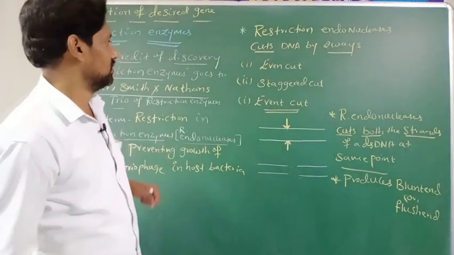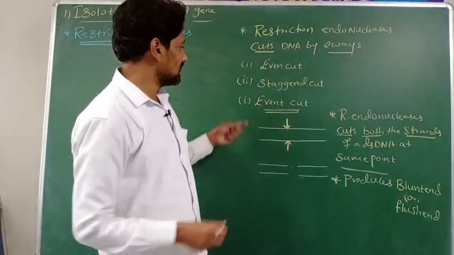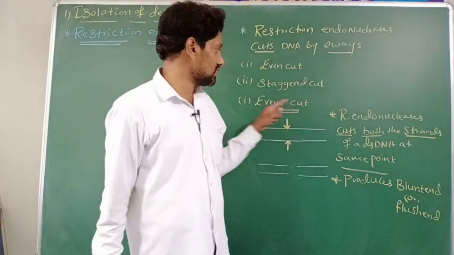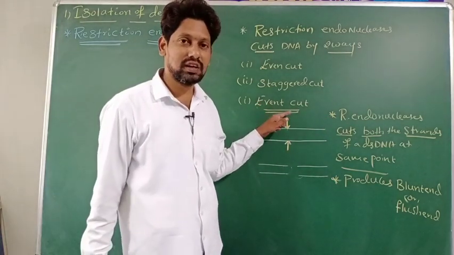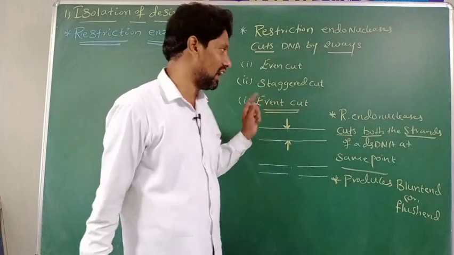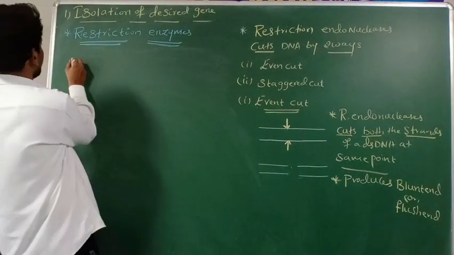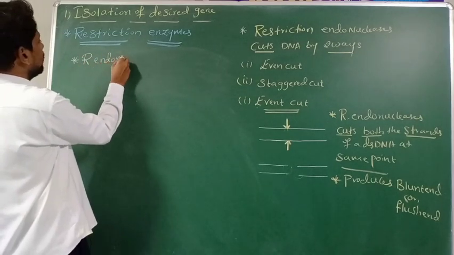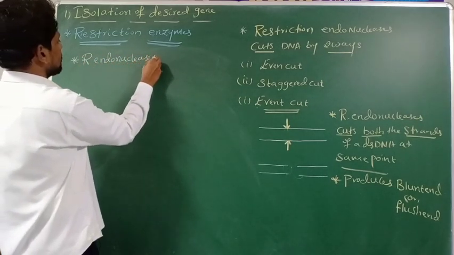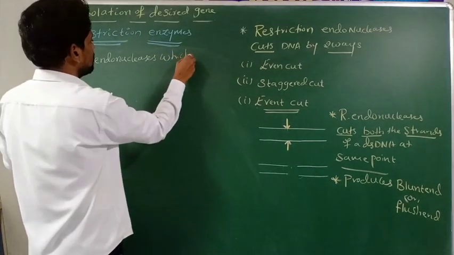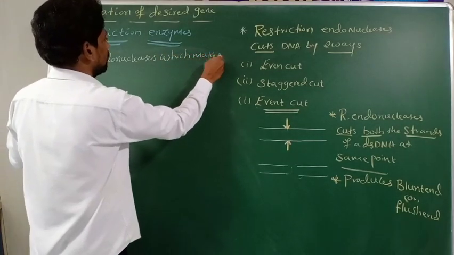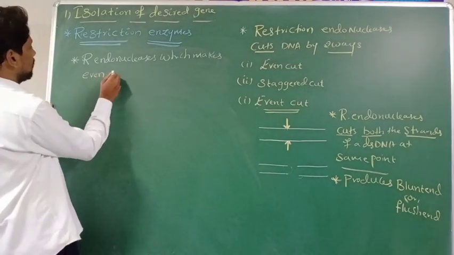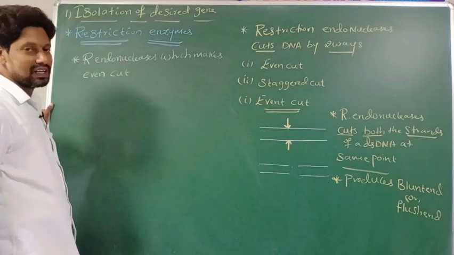Now, listen here. We are discussing even cut. Which restriction endonucleases make an even cut?